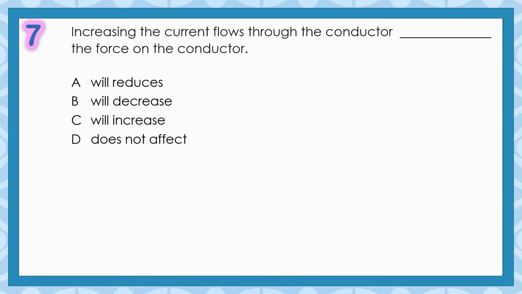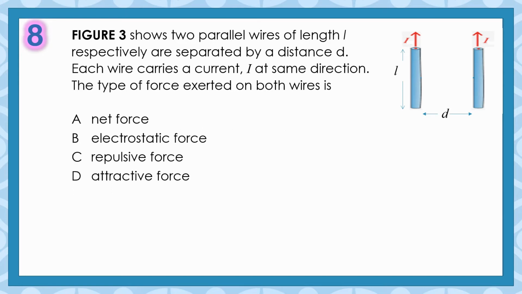For question number 7, increasing the current flow through the conductor dash the force on the conductor. Question number 8, the figure shows two parallel wires of length L respectively separated by a distance D. Each wire carries a current I in the same direction. The type of force exerted on both wires is?